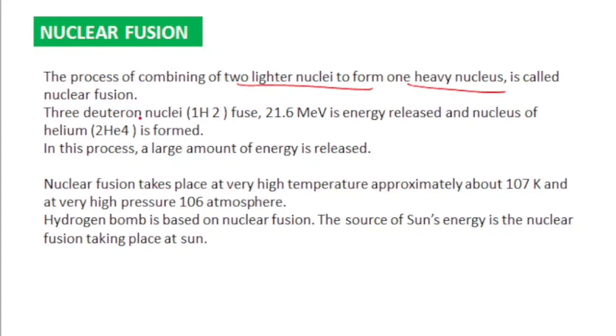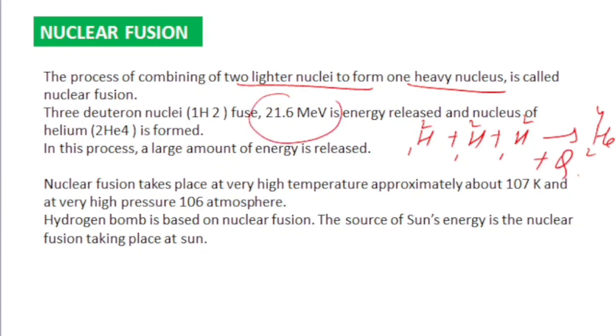For example, suppose 3 deuteron nuclei, H-1-2 plus H-1-2 plus H-1-2, fuse together to form a helium nucleus He-2-4, and a large amount of energy, of the order of 21.6 mega electron volts, is released in this process.